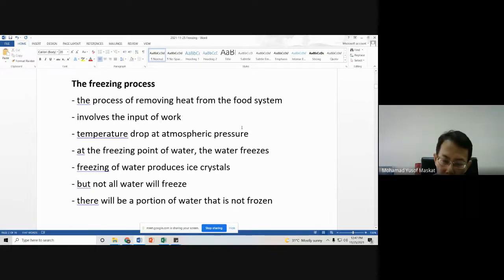Because we are reducing the temperature well below the freezing point of water, that requires a lot of removal of heat. So it is quite costly.